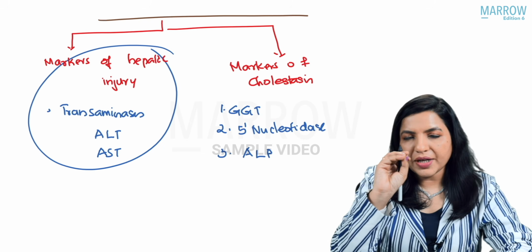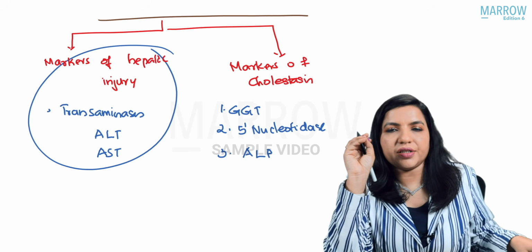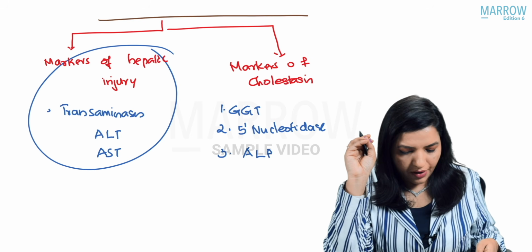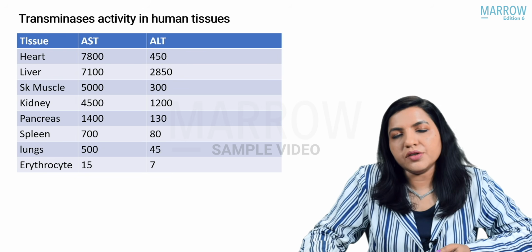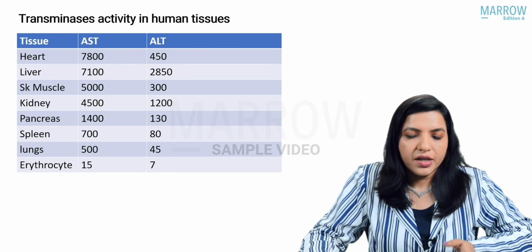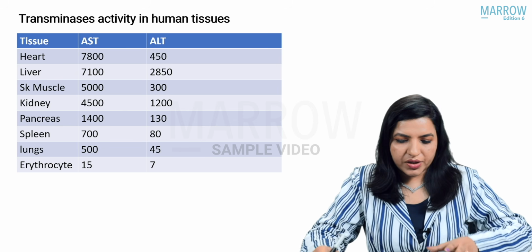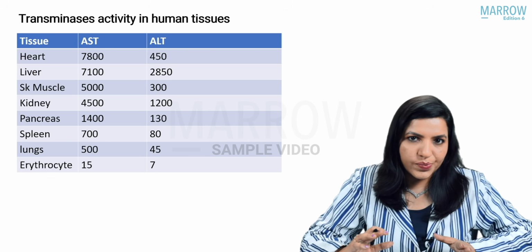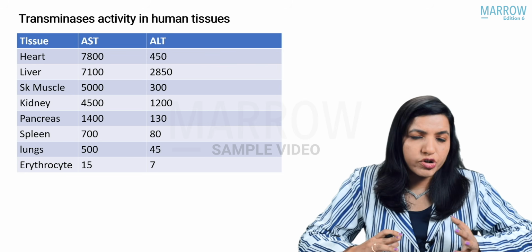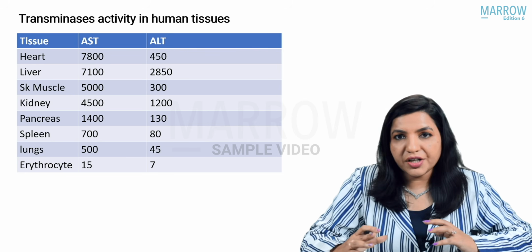To understand the markers of hepatic injury, I'll show you a graph to explain the transaminases elevated in various injuries to the liver. I'll just explain it with this table. No need to learn these numbers. This is just to explain how the different distribution of ALT and AST differ in various organs.